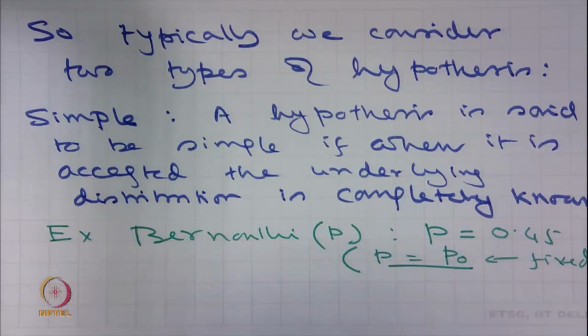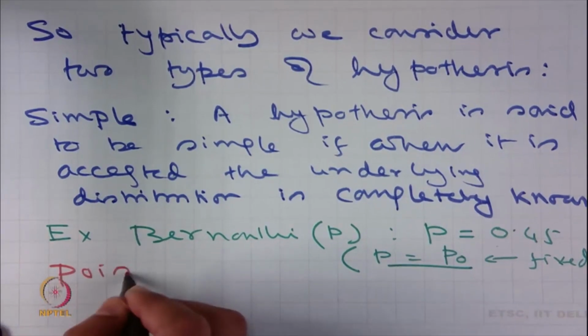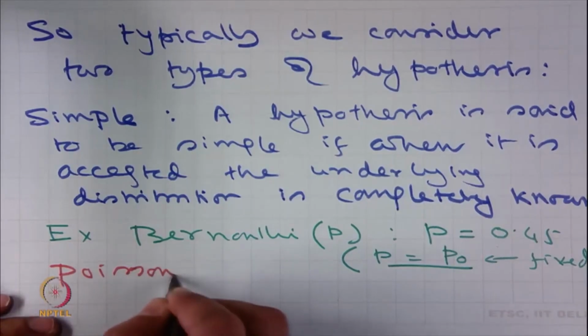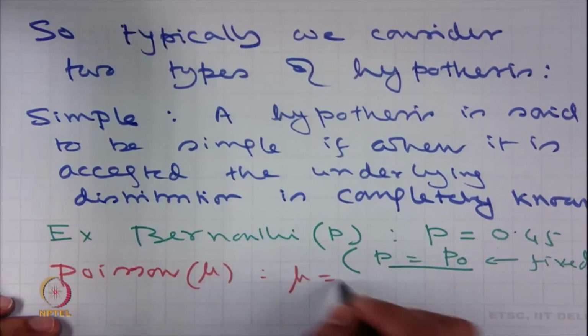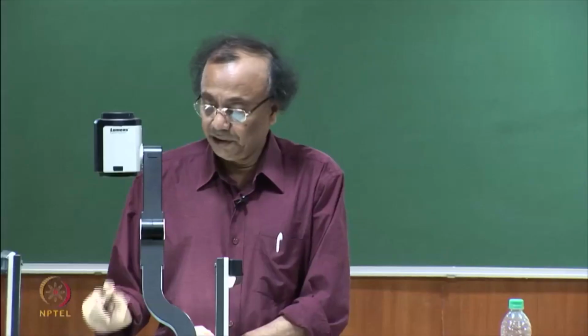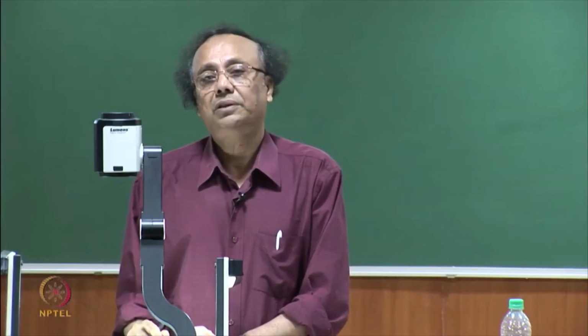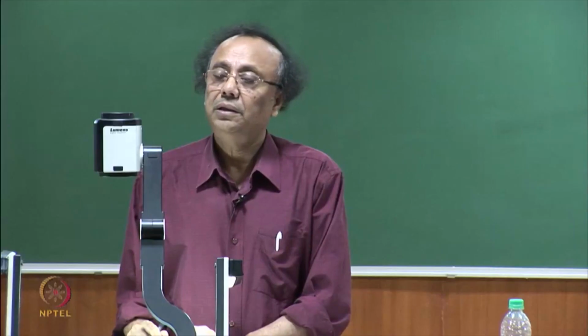Similarly, say Poisson with mu, and our hypothesis is mu is equal to mu naught, where mu naught is some fixed value, and if the sample evidence establishes that mu is equal to mu naught can be accepted, then we know the distribution completely.